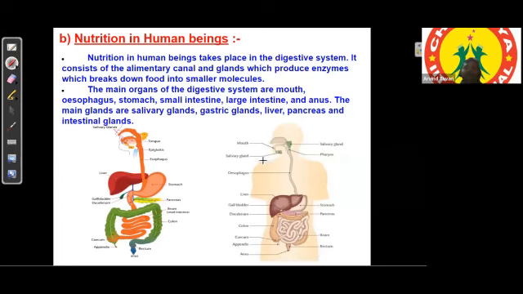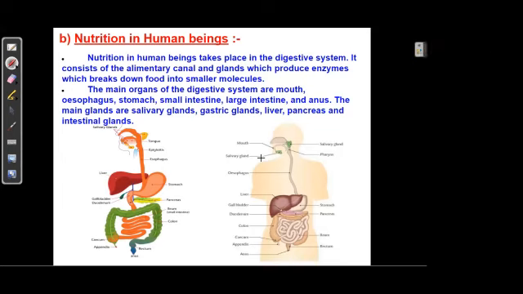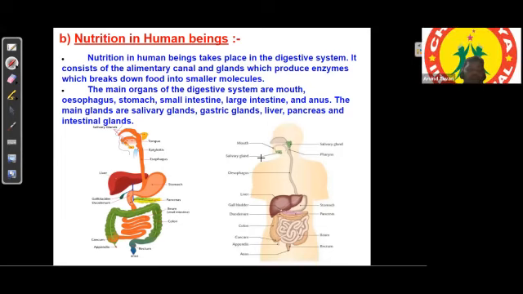Now, in the last class, we had seen how the food passes through different stages. So at which stage, which component of the food is digested? So in the duodenum, is the food acidic or basic? Sir, acidic. The duodenum is the portion of the alimentary canal after the stomach.